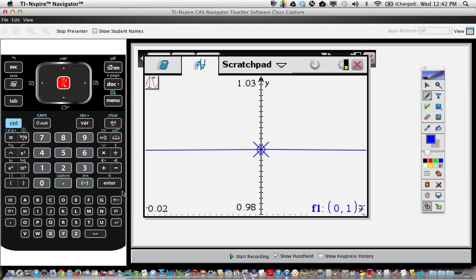Now type in 0.001. You can see how zoomed in we are, because 0.001 is a little ways over there, and the far edge of the screen is like 0.09 or something. So we're really zoomed in.